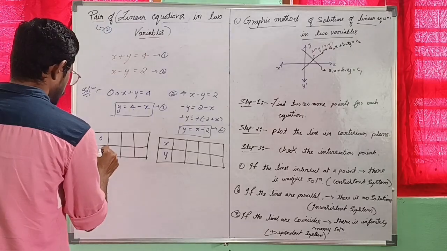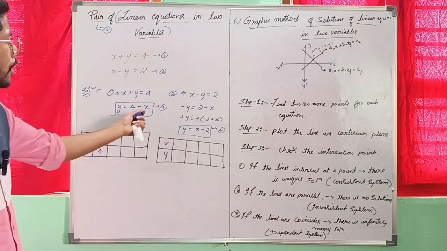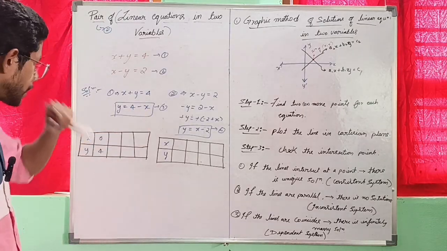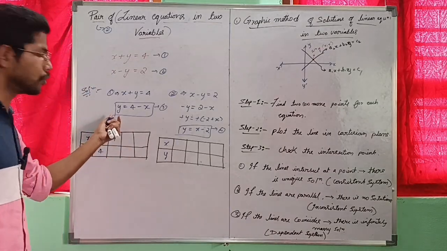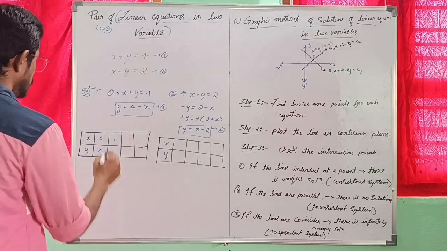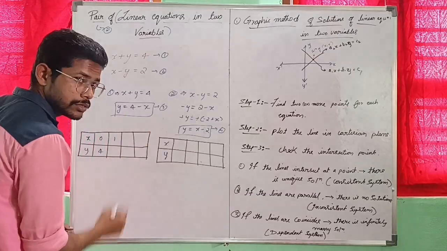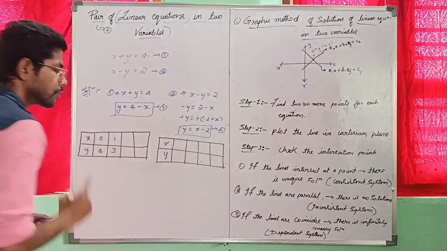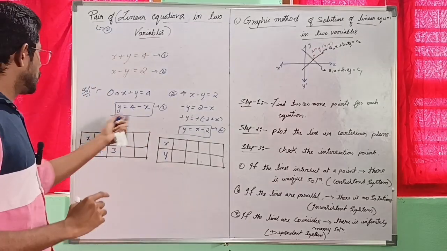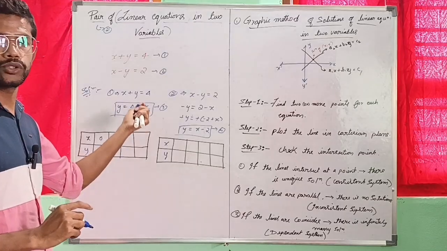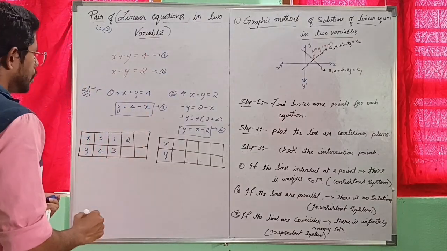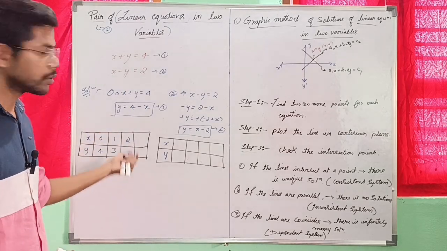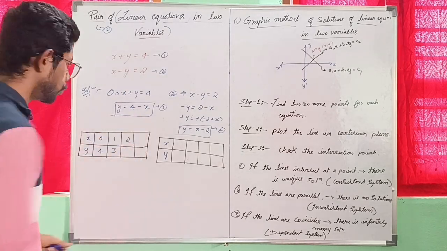And then when I take x is equal to 1, I will get y is equal to 4 minus 1, which is 3. When x is equal to 2, what is the y value? 4 minus 2 is 2.